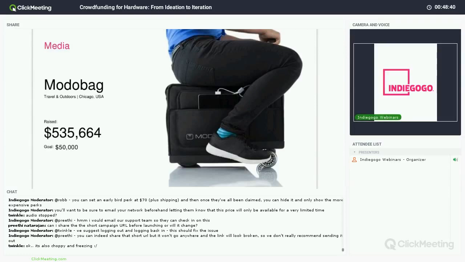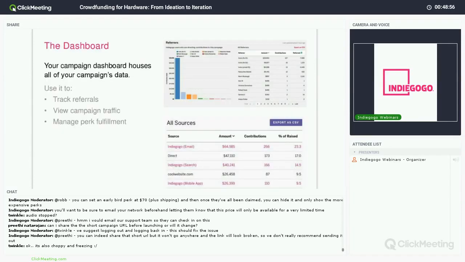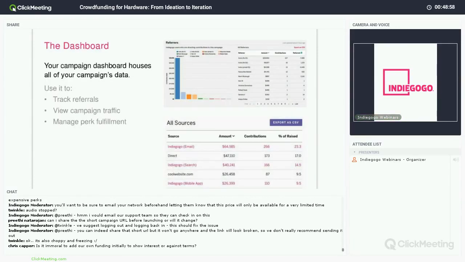So it's just one example of how you can launch your campaign and have a strong audience, but if you do get caught by a news outlet, it could definitely take things to the next level. As you can see, their goal was $50,000. They raised over $500,000. So that's just a general framework around promotion.